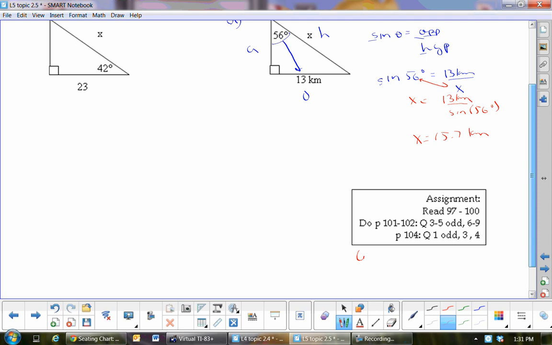Now, you see where it says cut out clinometers? You see that on the bottom of your page? Just go like this. It's just like a protractor that measures angles. Okay, let's get working on this.